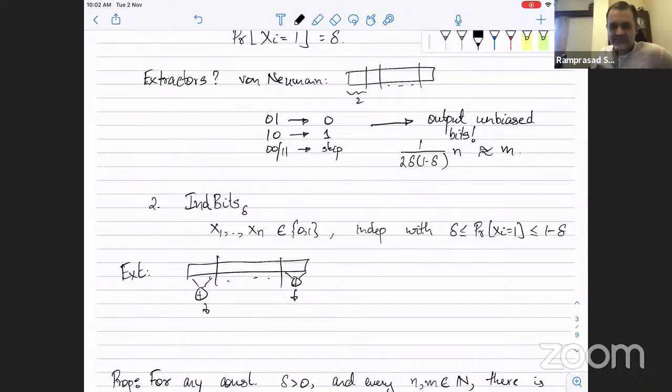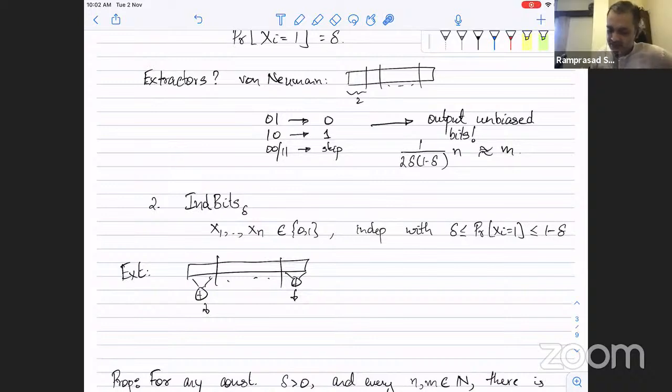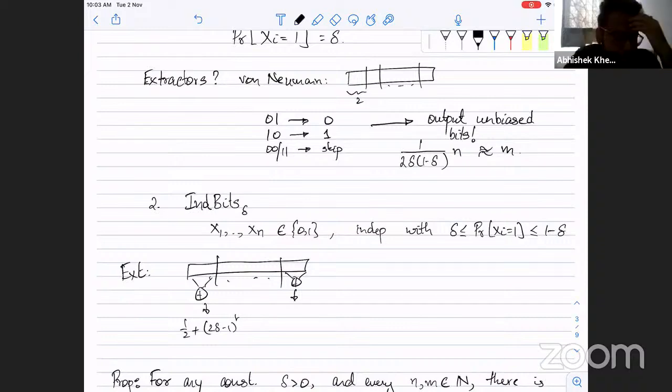I guess this is just one instantiation of what you were suggesting. Wasn't that right, Abhishek? Wouldn't this give you pure random bits, and isn't that what happened last time? No. Last time all we could say was that the probability of seeing a heads was something like half plus (2 delta minus 1) to the k. Right, you're right. Sorry.